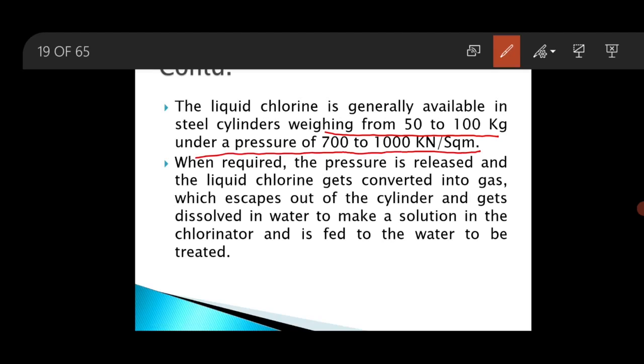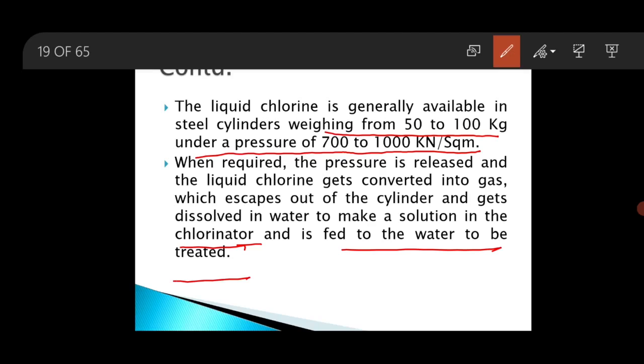When it is required, the pressure is released and the liquid chlorine gets converted into gas, which escapes out of the cylinder and gets dissolved in water to make a solution in the chlorinator, and then it is fed to the water to be treated.